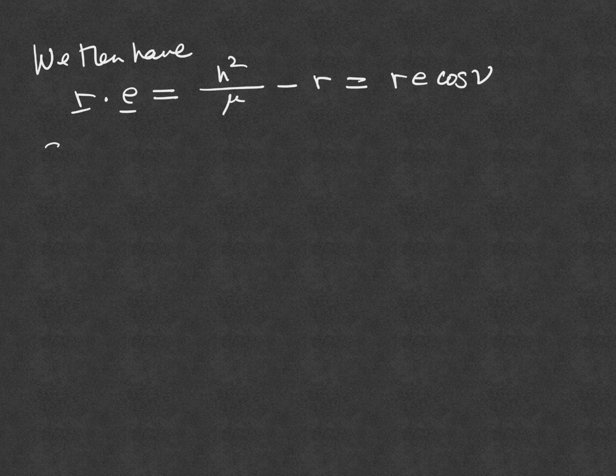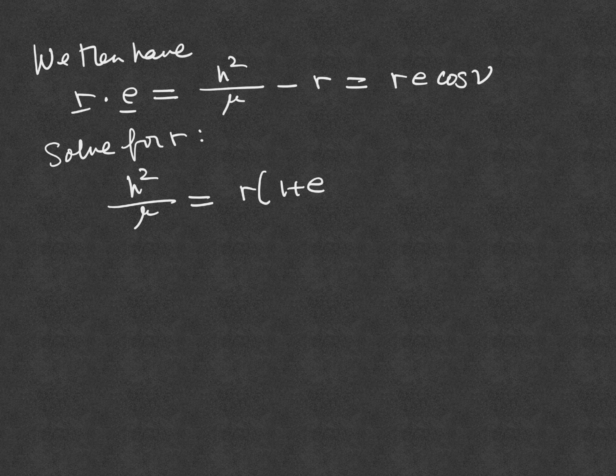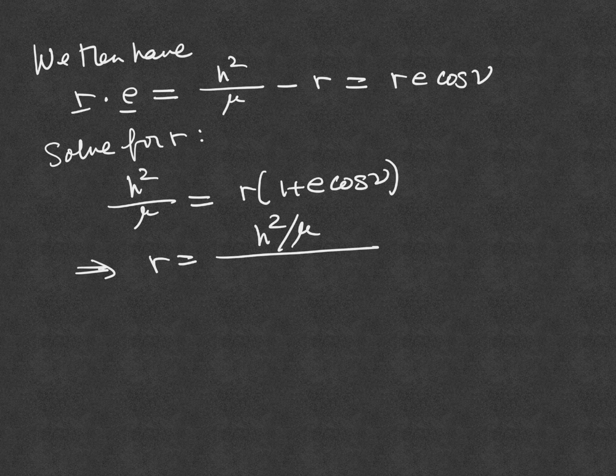So now we can solve for R. And what do we wind up with? We wind up with H squared over mu is equal to R times 1 plus E cosine of nu, which gives that R is equal to H squared over mu, all divided by 1 plus E cosine of nu.